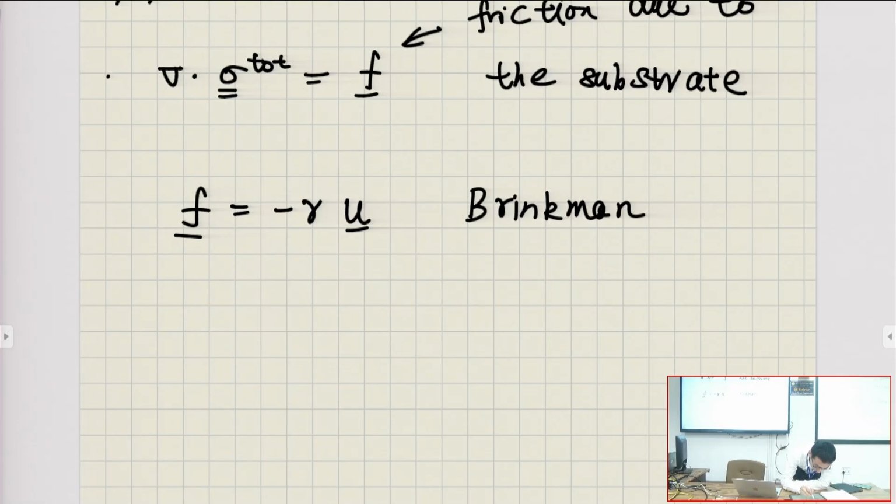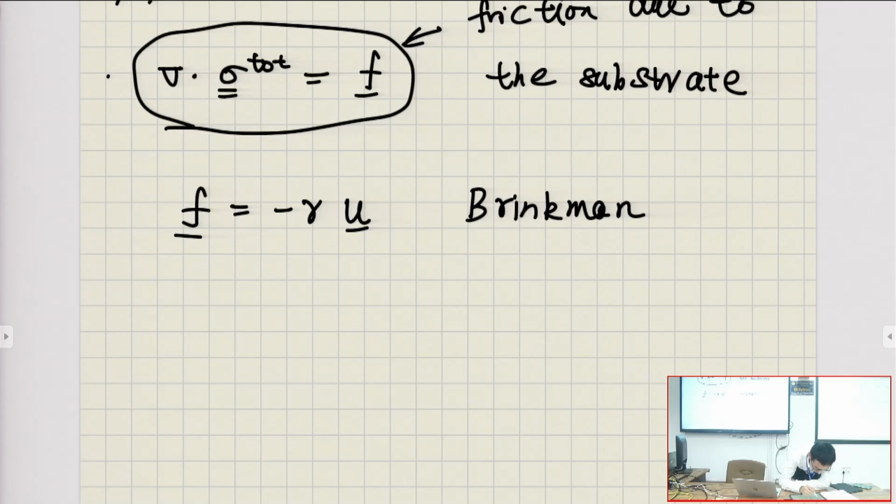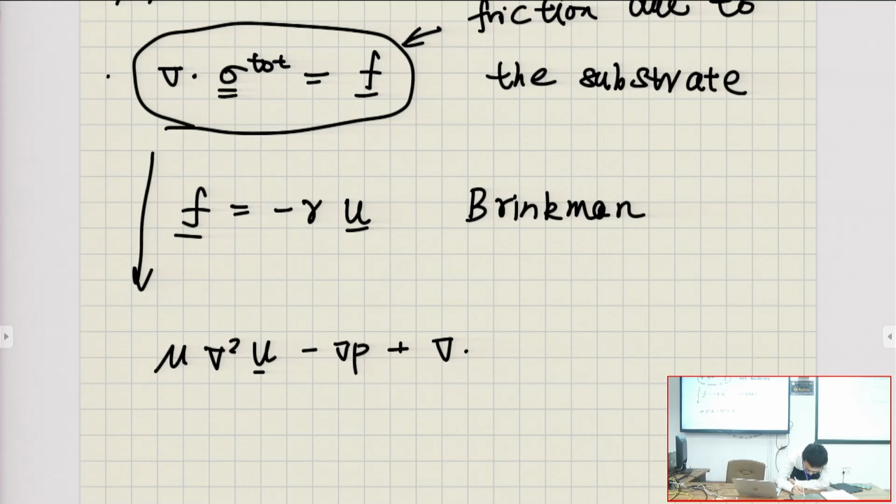So if we take our equation here, the momentum equation, in this equation, we have a viscous term, right? And we have the active term. And the friction.